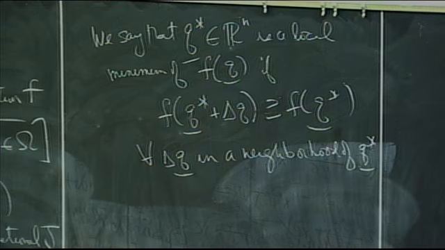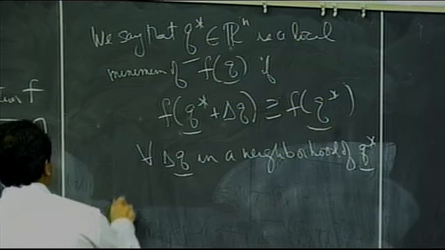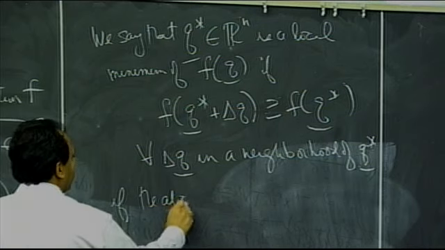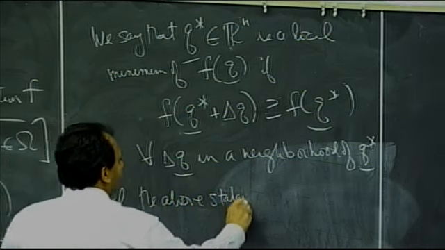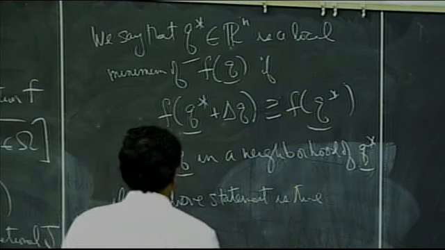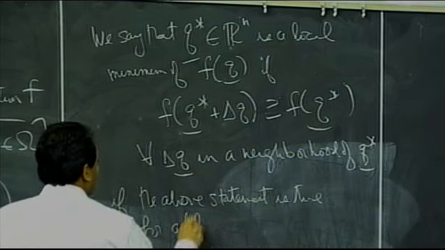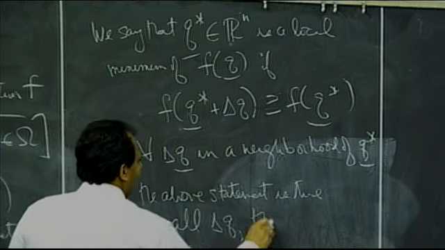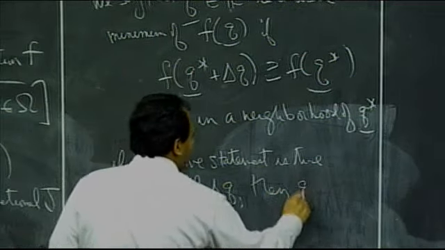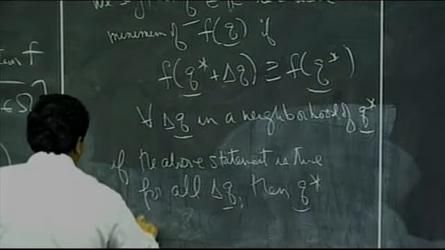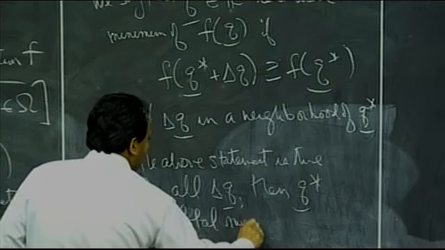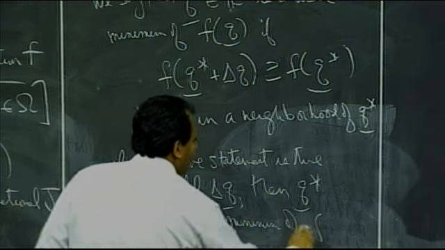If it turns out this statement, the above statement, is true for all delta q, then q star is a global minimum of f.